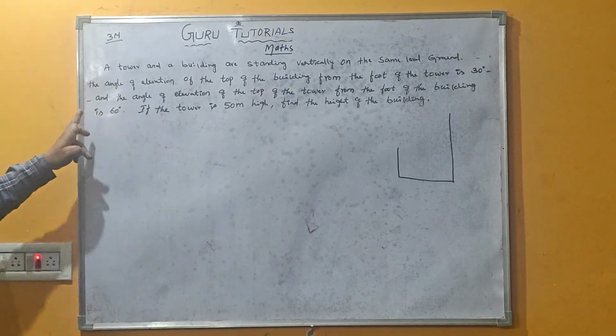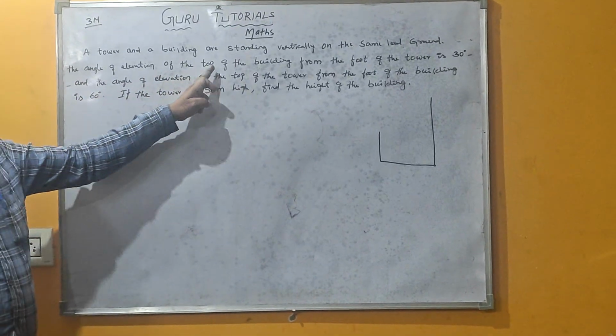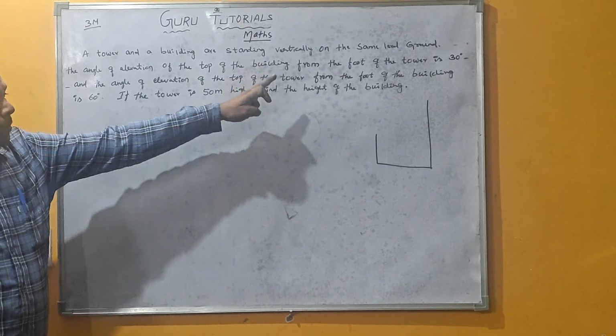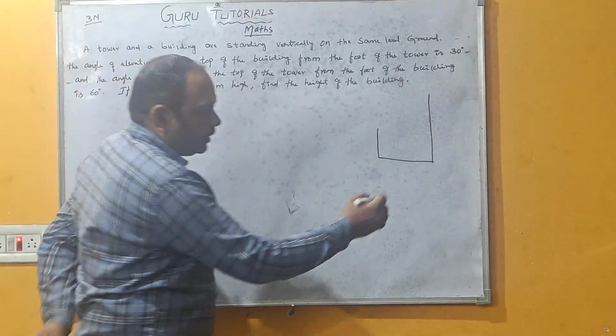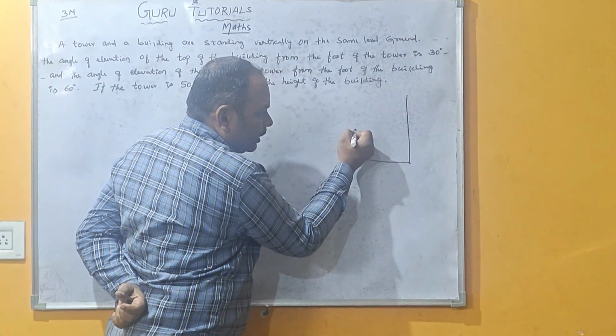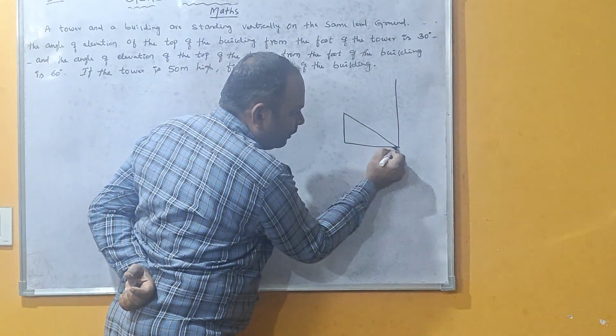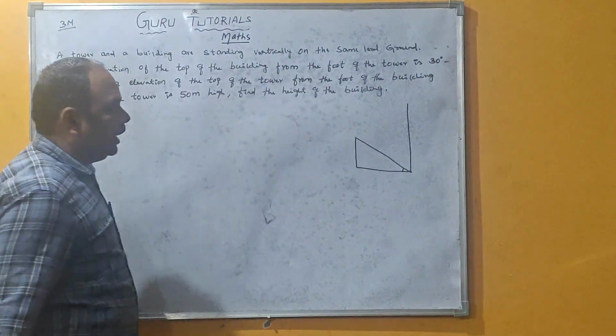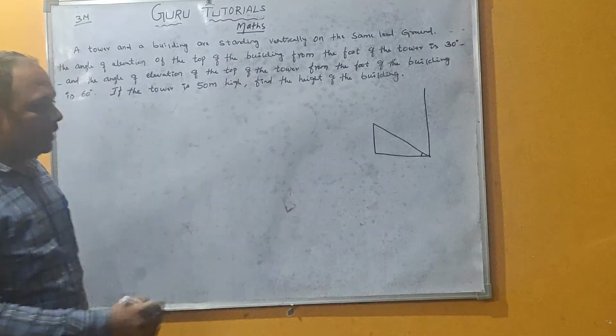Here, this is the foot of the tower and this is the top of the building. The angle of elevation is how many degrees? 30 degrees.